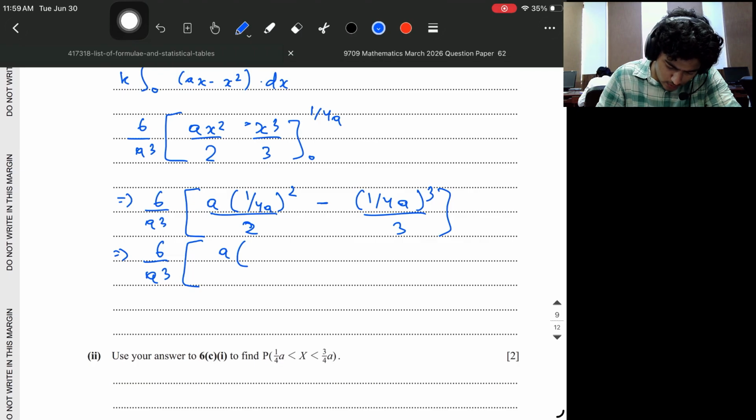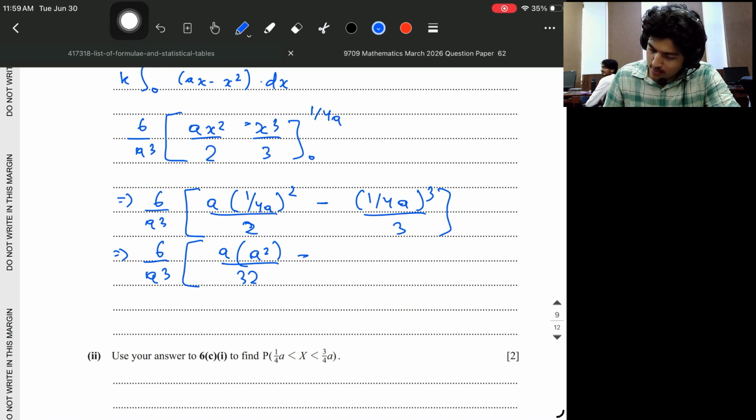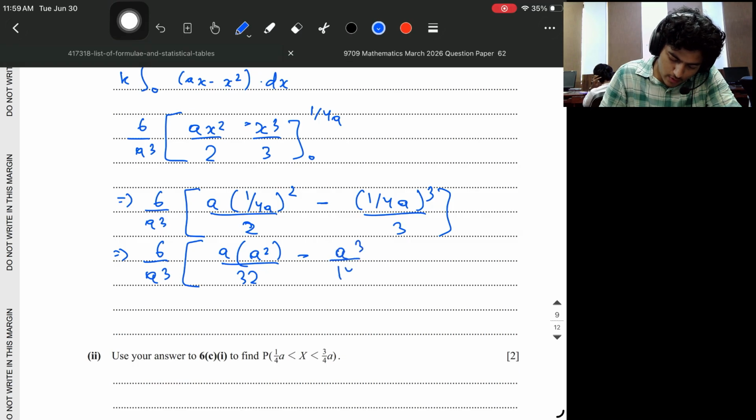So a will come up over here, we'll have a squared over here, and we'll have 32 over here, minus we'll have 4 cubed. 4 cubed is 64, and 64 times 3 is 192. So then we'll have a cubed upon 192, right?